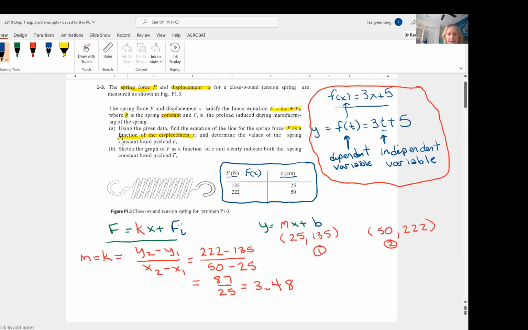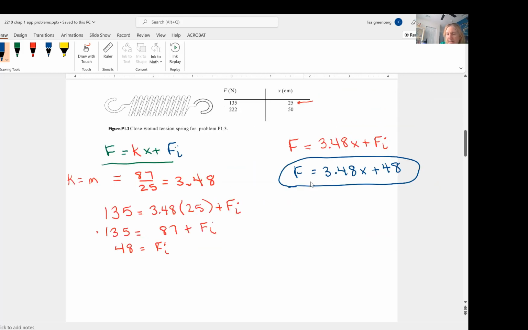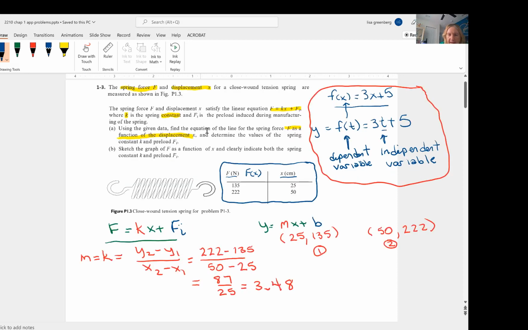So A says, using the given data, find the equation of the line for the spring force F as a function of displacement x. Okay, we did that. This is F as a function of x. And determine the values of the spring constant K and F sub I. Well, we had to do that, or else we wouldn't have been able to find the equation of the line, because K is the spring constant, which we found first by using the slope formula, and F sub I we found second by using the values in the table.